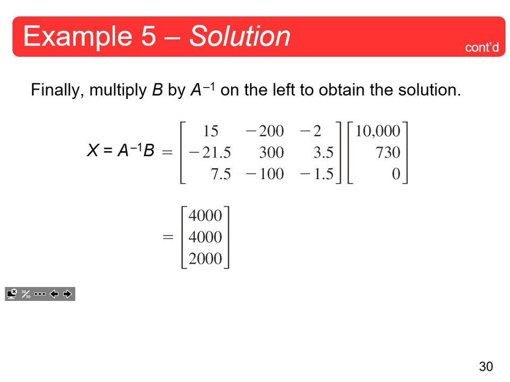So that 15, negative 200, negative 2, negative 21.5, 300, 3.5, 7.5, negative 100, negative 1.5 is A inverse. So if we actually found A inverse first, we would get this here. Then we would multiply it by our matrix B and get 4,000, 4,000, and 2,000. X, Y, Z. And we get this here.